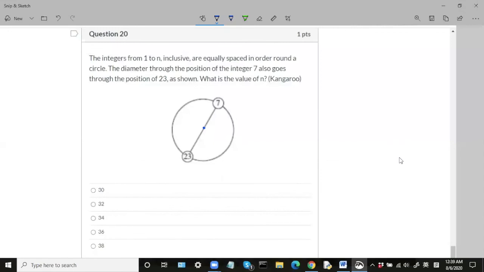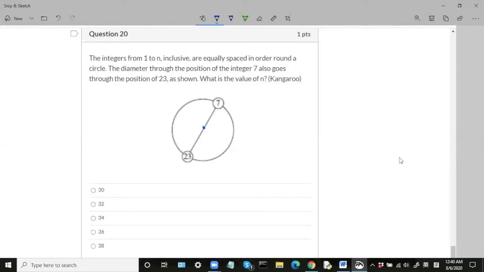Problem 20. The integers from 1 to n inclusive are equally spaced in order around a circle. The diameter through the position of the integer 7 also goes through the position of 23 as shown. What is the value of n? Okay, so we have this circle, with the integers 1 to n placed on the circle in order. The line segment connects 7 and 23, so the center of the circle has to be on this line.